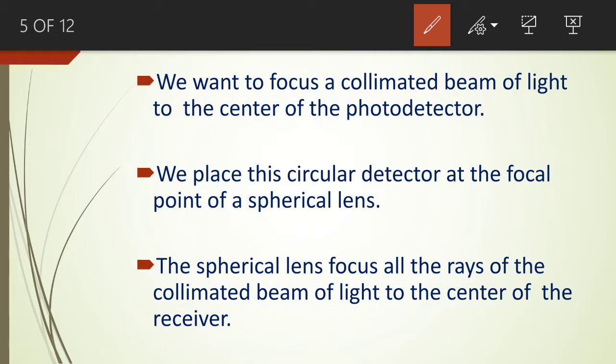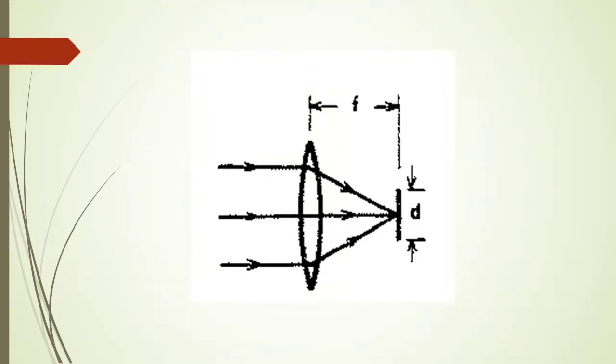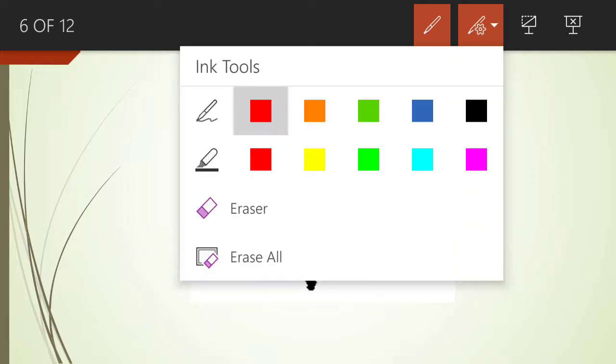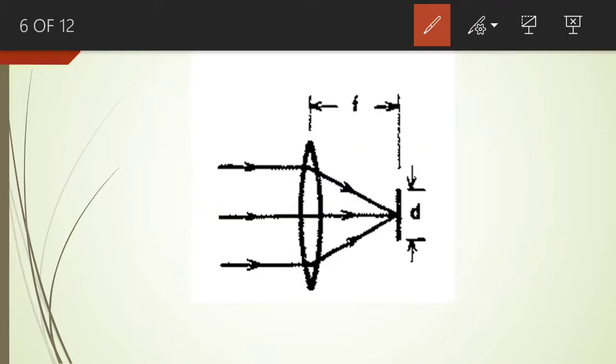So let us consider the diagram. This is the diagram of this light collecting system.